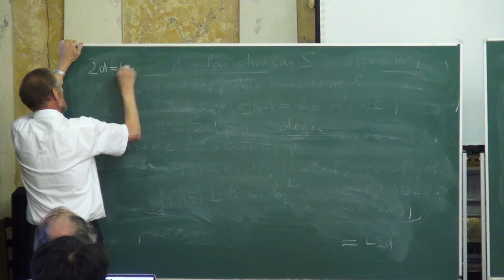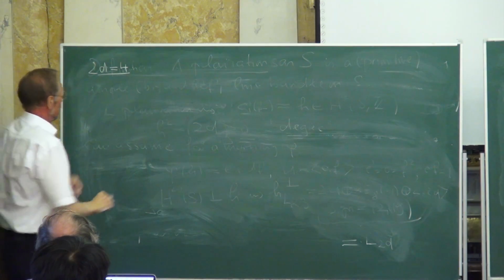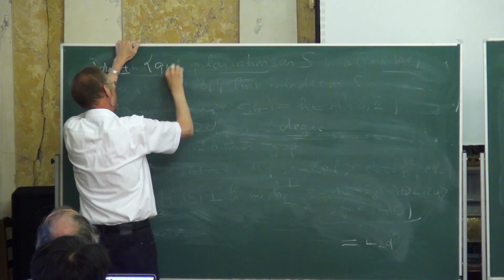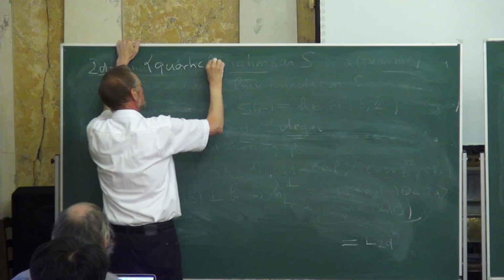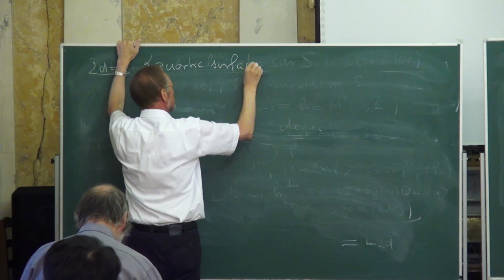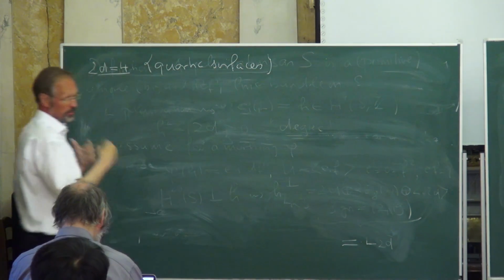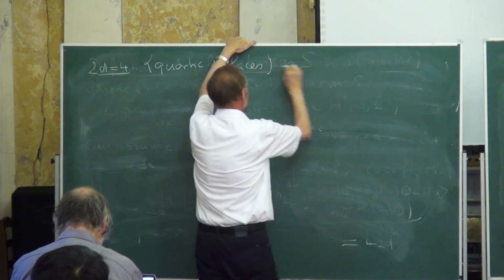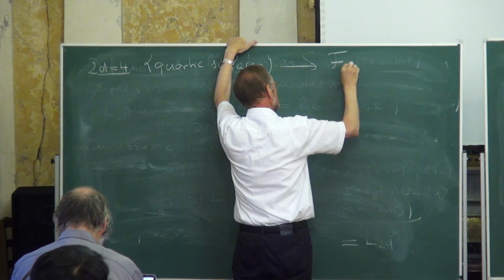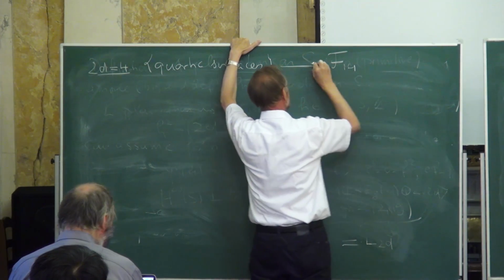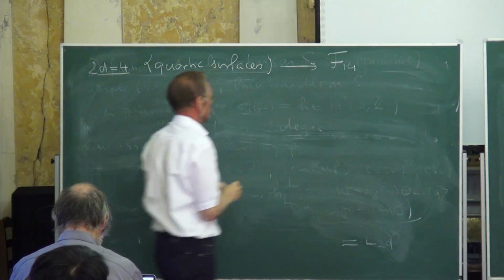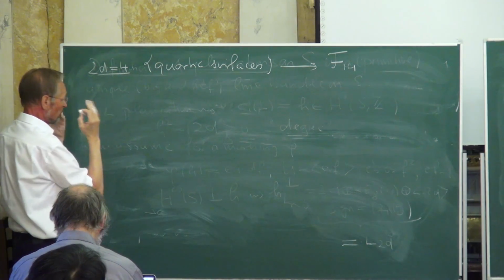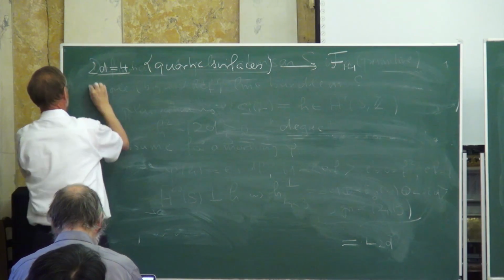And then I can try and ask, do I understand the geometry of these spaces? So if 2d is 4, then we have quartic surfaces. If you count the parameters up to change of coordinates, these are 19. And that goes to F_4, and it is, well, essentially surjective. So we have a concrete parametrization.